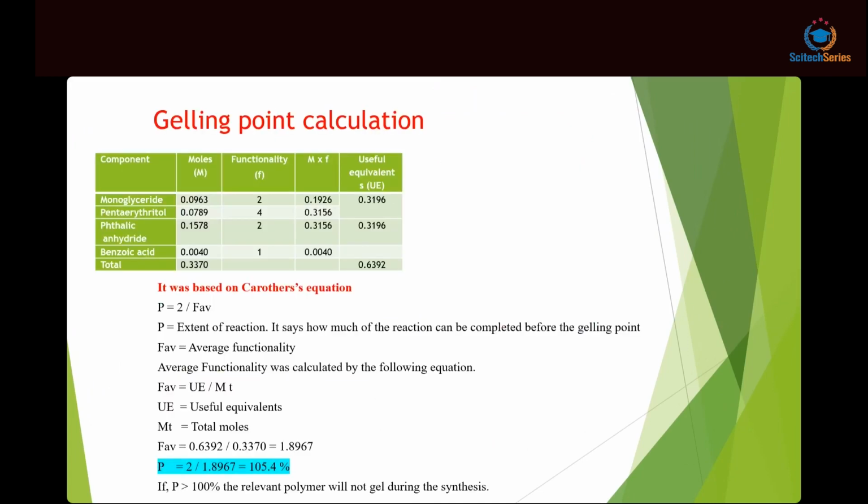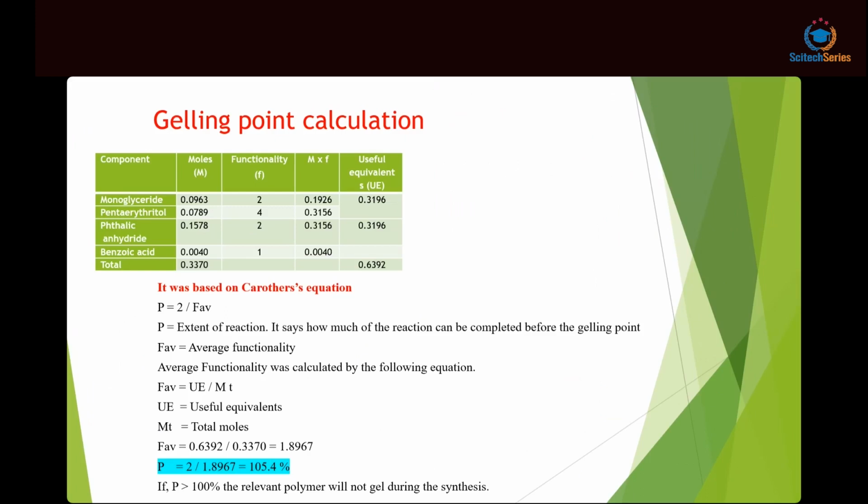Now, before cooking this resin, I have to find out whether the gelling process will happen or not, because when gelling happens, it is very difficult to remove from the reactor. So I went through a theoretical calculation to find out the extent of reaction in my reaction. This is P. P is the extent of reaction.